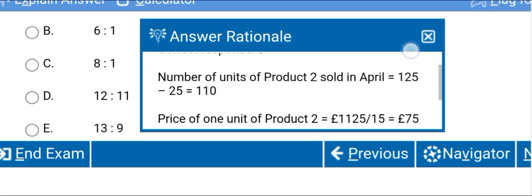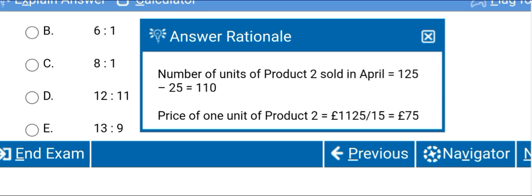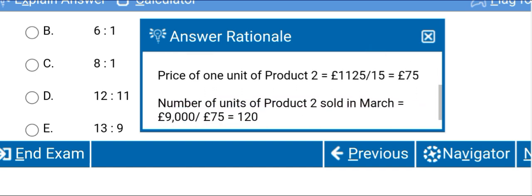Number of units of product 2 sold in April equals 125 minus 15 equals 110. Price of 1 unit of product 2 equals 1,125 divided by 15 equals 75 pounds.